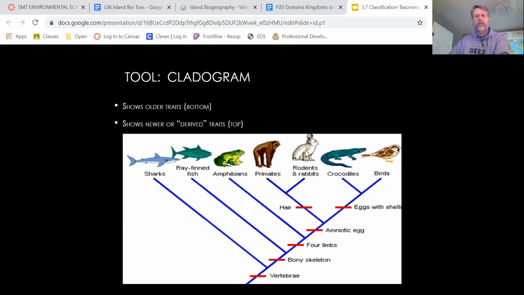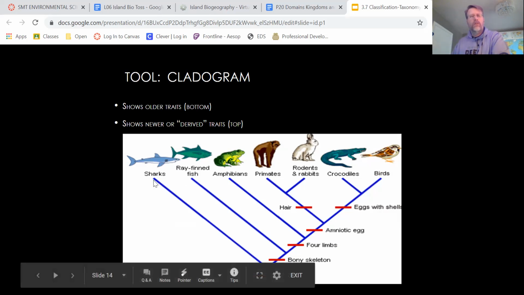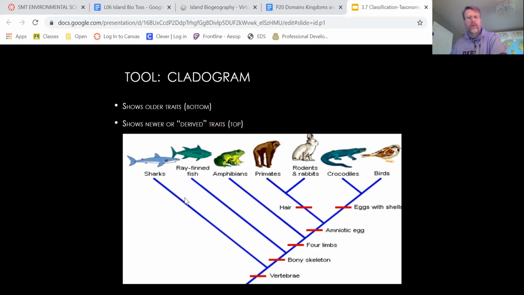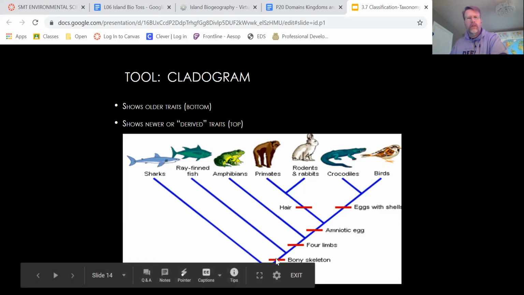So they're more closely related to us than they are to sharks. What we see is the newer traits come up along here. Now, sharks have also developed their own traits along this path. So it's not like they were stuck in a single moment. It's that they diverged and took a different path at some point in the distant past.